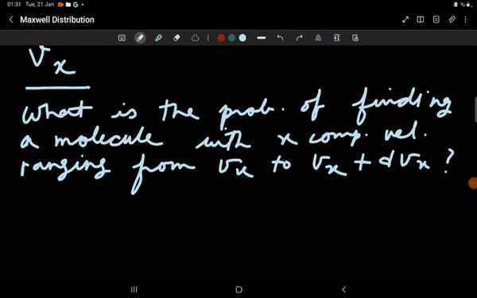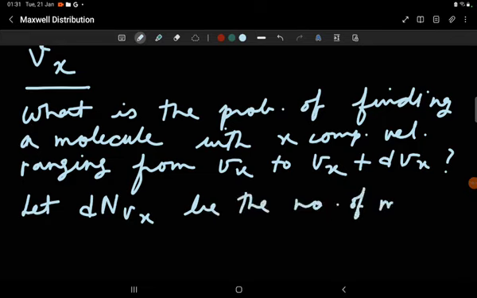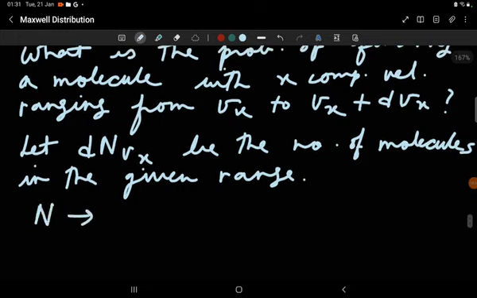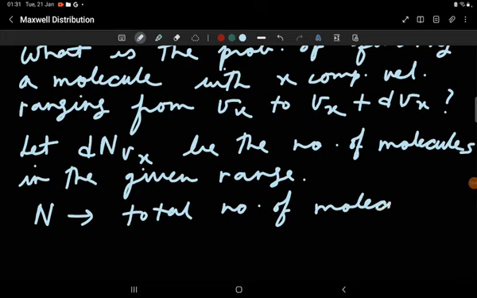So we can define the parameters like this: let dn Vx be the number of molecules, which is variable, in the given range, and the number of total molecules, which is a constant, be n. As we are finding a probability, we would require the total number of elements in the sample space.